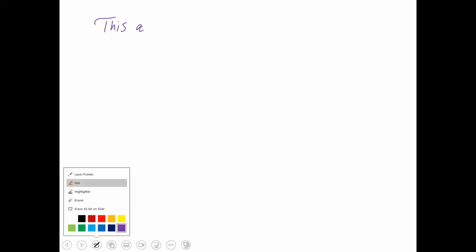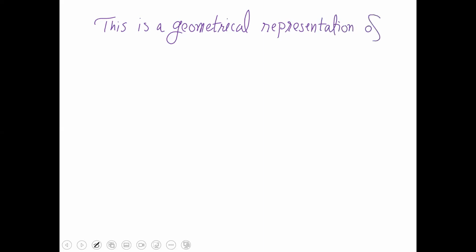So write under it that this is a geometrical representation of a wave.